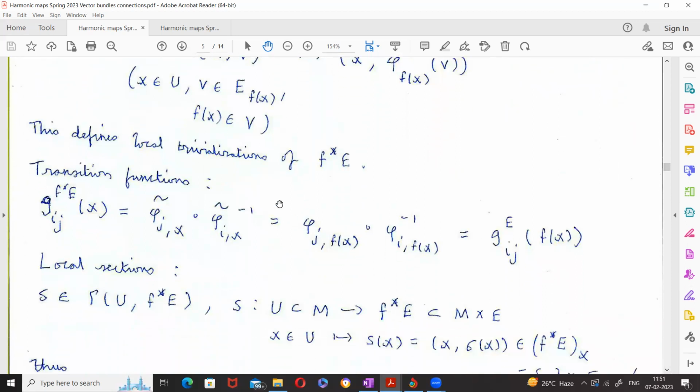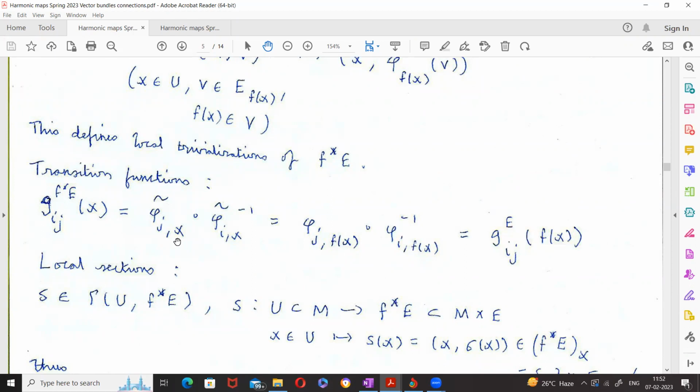And what will the transition functions for the pullback bundle be? Well, the transition function gij for f star e, this is going to be what? This isomorphism phi j x tilde composed with phi i x tilde inverse. So what is this? This will be phi j at the point f of x composed with phi i at the point f of x inverse. So when I compose these two, I'll just get the transition function for the bundle E evaluated at the point f of x, right?